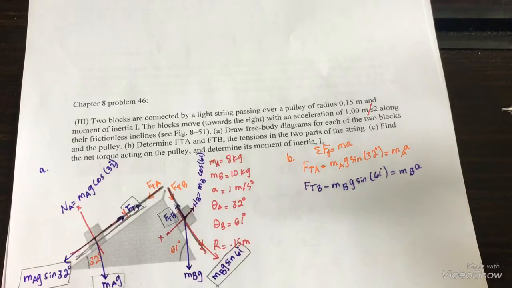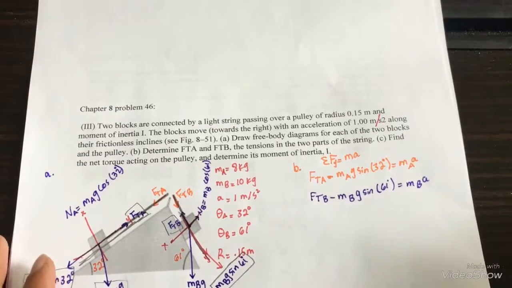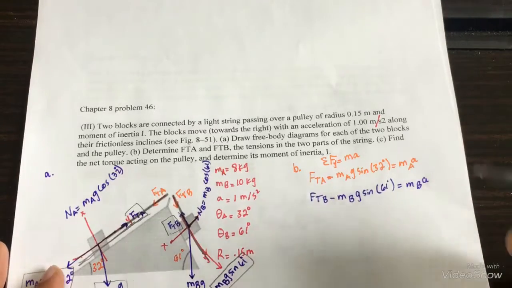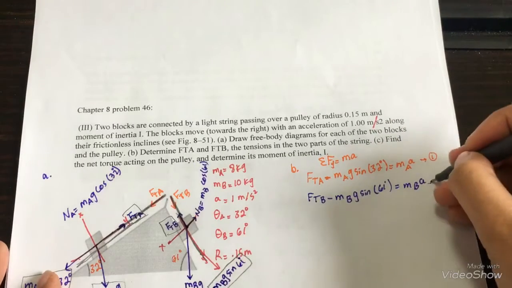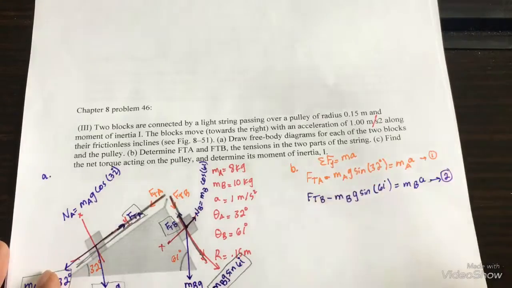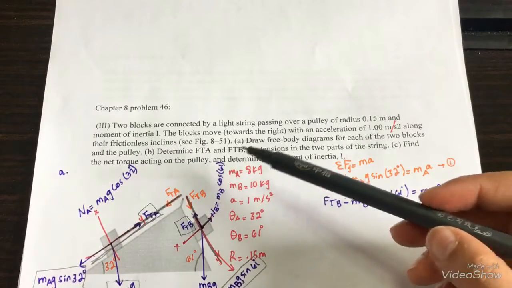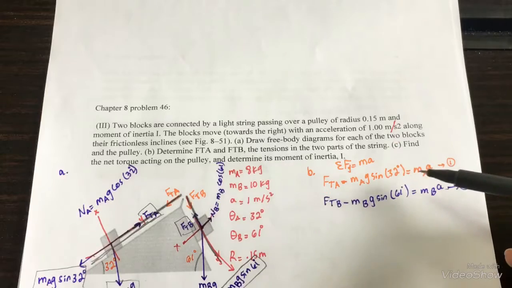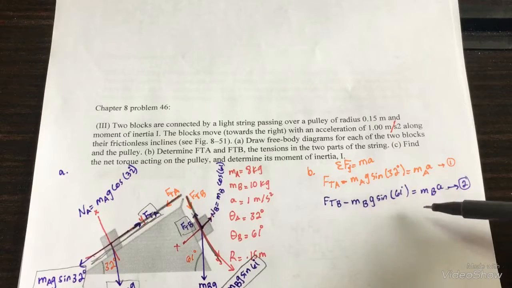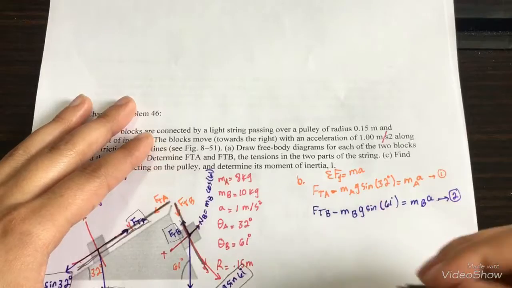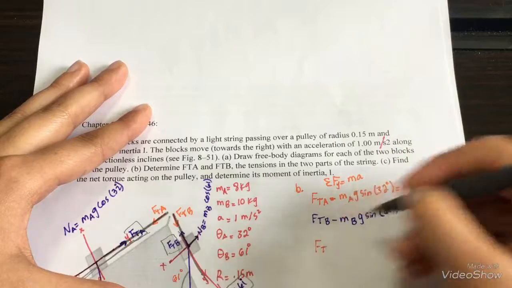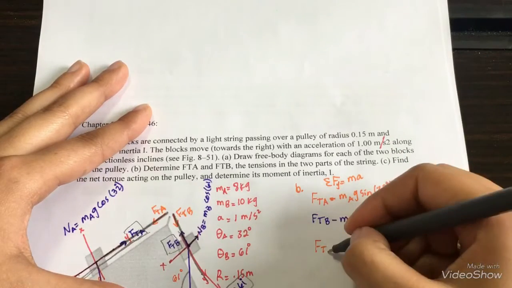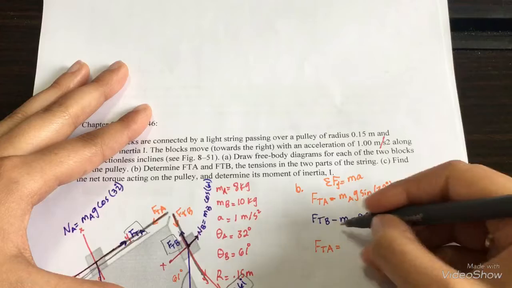So let's just solve. Let's plug numbers and find for each one. So this is the first equation. This is the second. Since it says find the tension force for A and B, first we are going to find it for A and then we are going to find it for B. The first thing, let's find it for A. So let's simplify the problem and solve for tension.